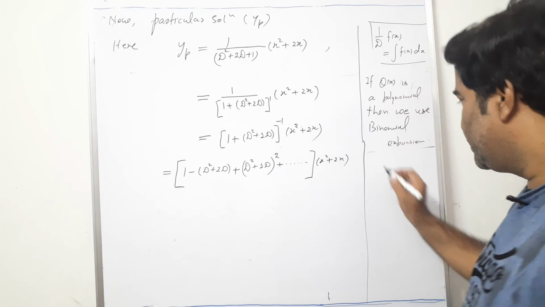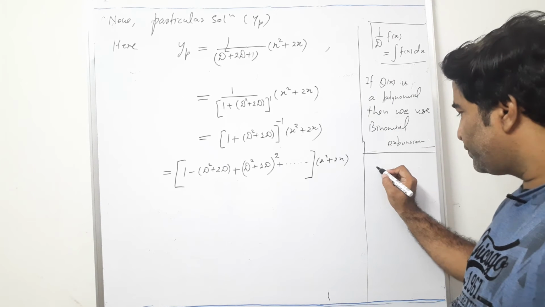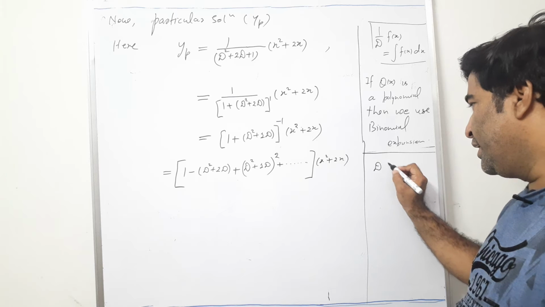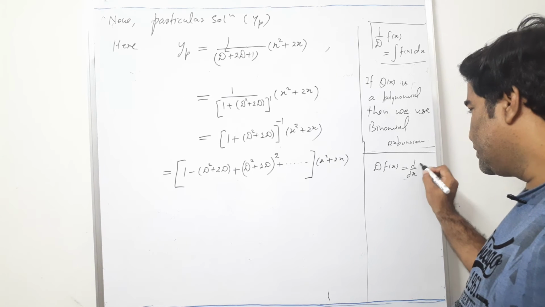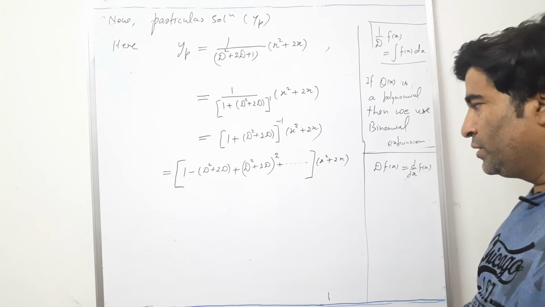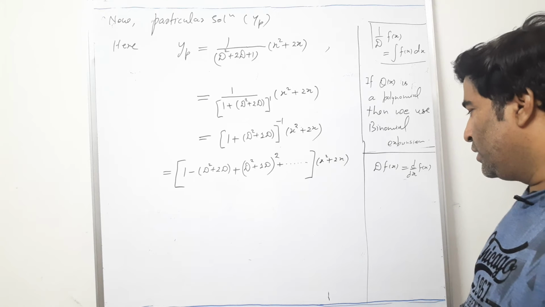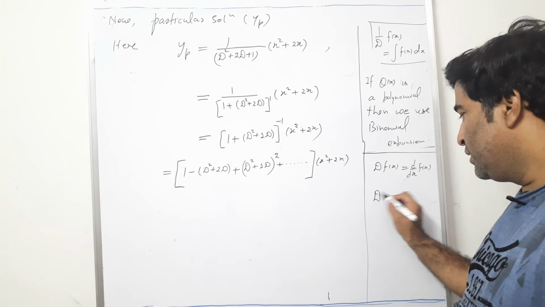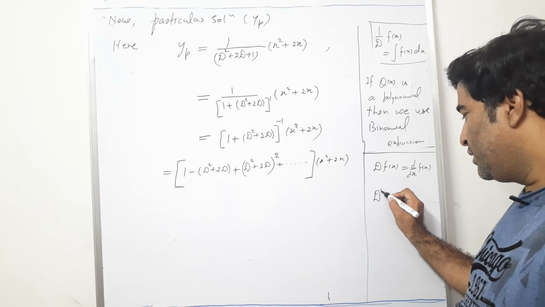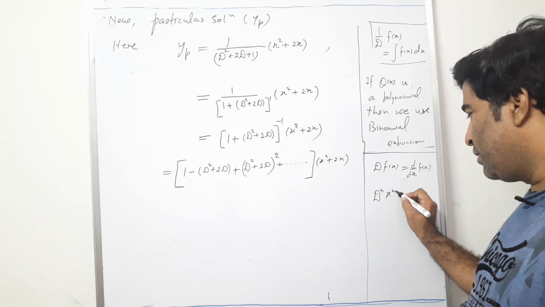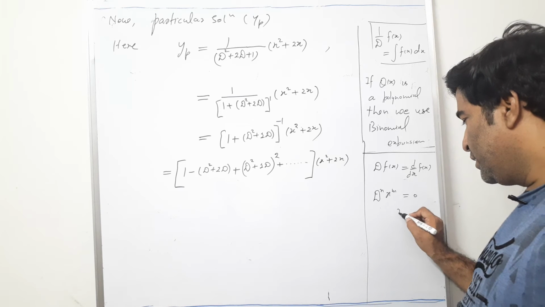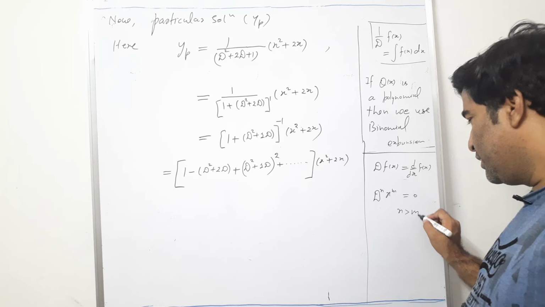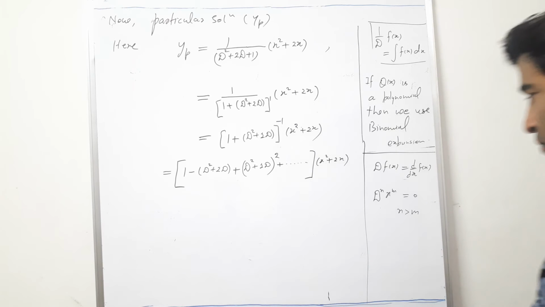Because we know that D means derivative, dy over dx of f(x). And we also know that if we take D^n of x to the power m, this is 0 when n is greater than m.